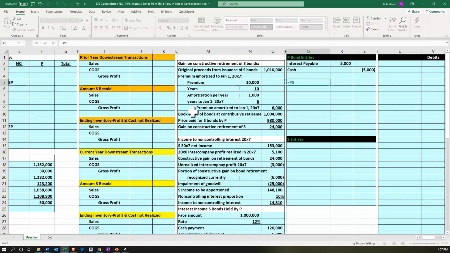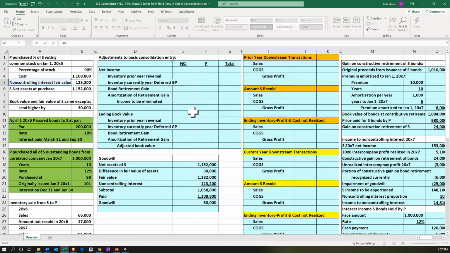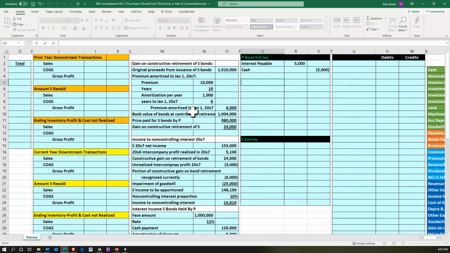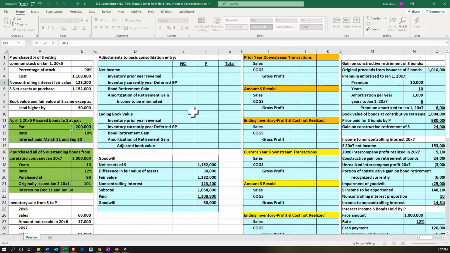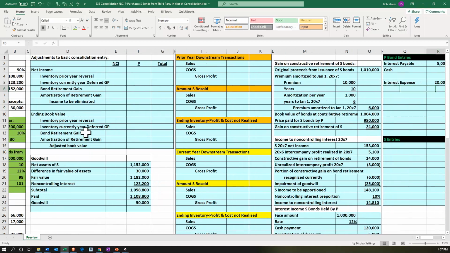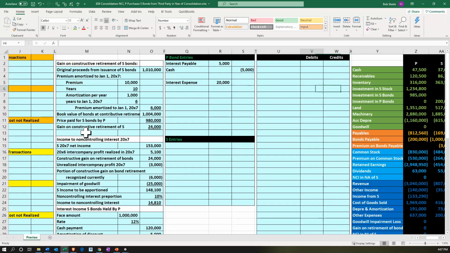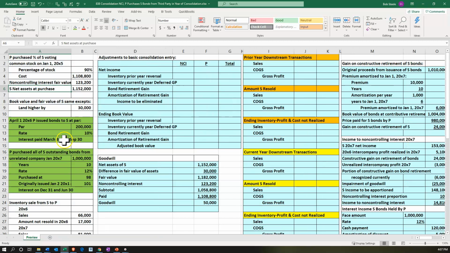We have an expense in the current year, so I'm going to type in interest expense, and that's going to be the debit. I'm going to calculate that. Current year's interest expense should be the 200,000 times the 10%. That's the interest expense for the current year that we would expect, in total at the end of the year. Then we're going to have a payable for that 3-month time period, the same 3-month time period, but now it's the end of the year.